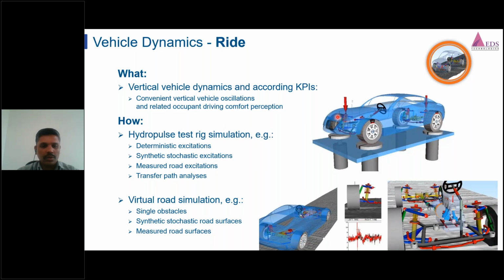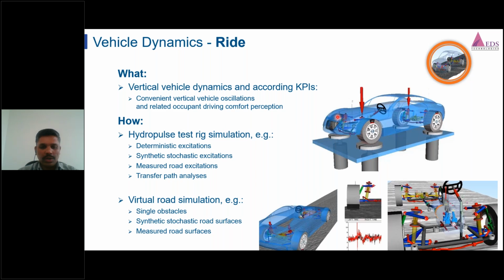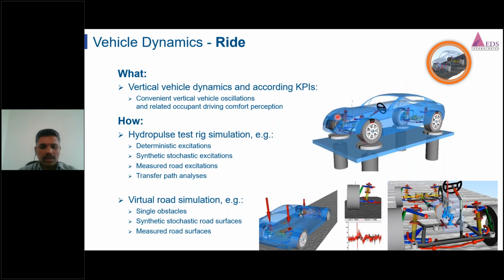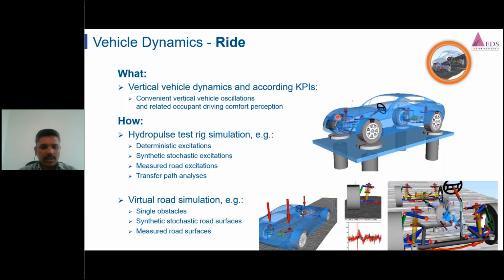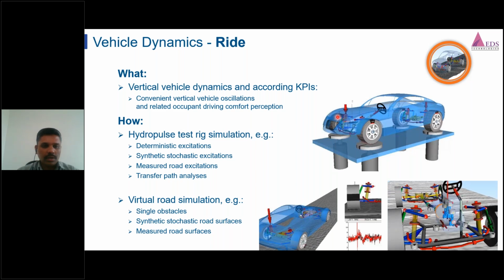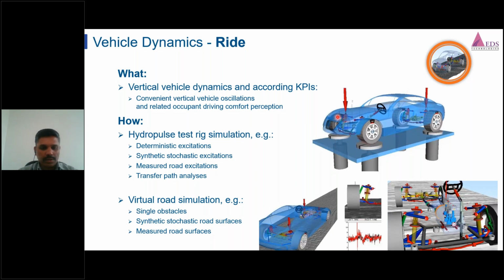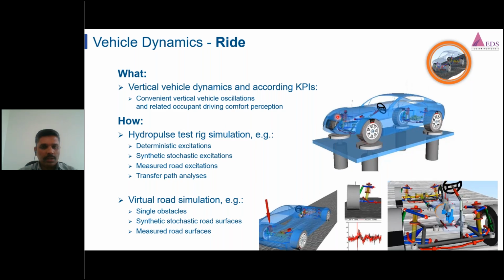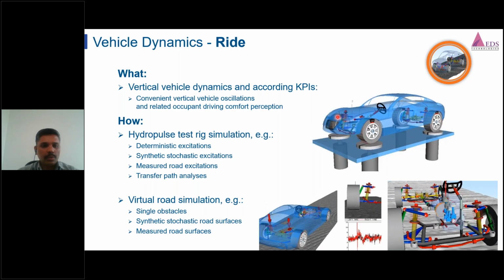In order to achieve this using virtual simulations, for instance, a hydropulse test rig, simulations are used including deterministic excitations, synthetic stochastic excitations, measured road excitations and transfer path analysis. We can do all these types of excitations using this hydropulse test rig simulation.